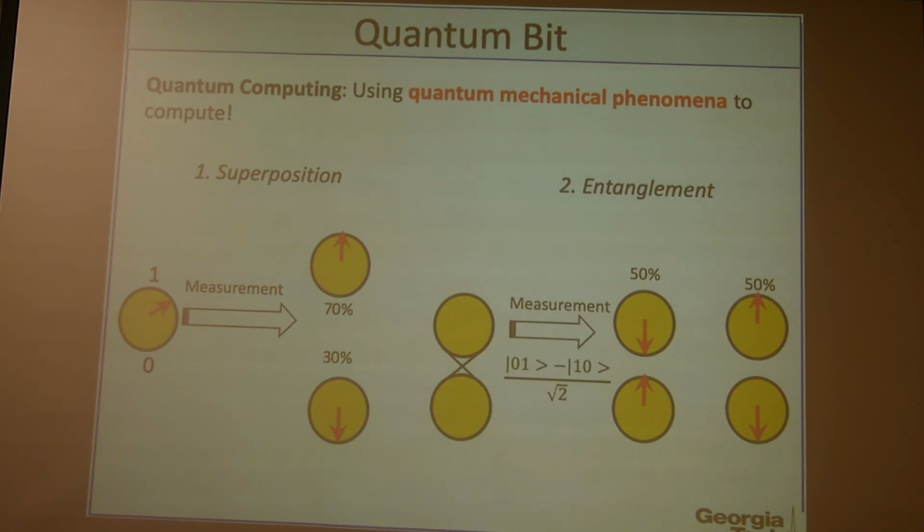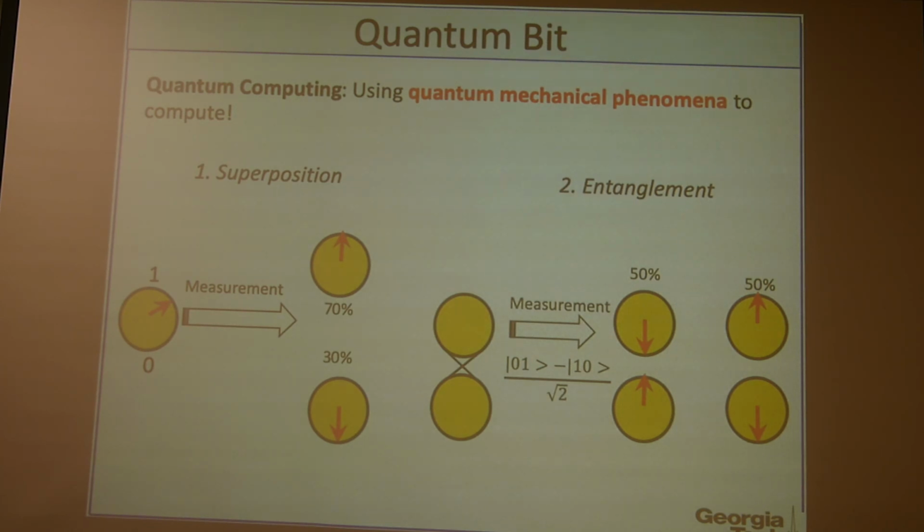Something in the truth table can be 0, something can be 1, always entries in the truth table. In quantum computing, a bit can be both 0 and 1 at the same time. Does it make any sense? It should not make any sense, but that's what the reality is.